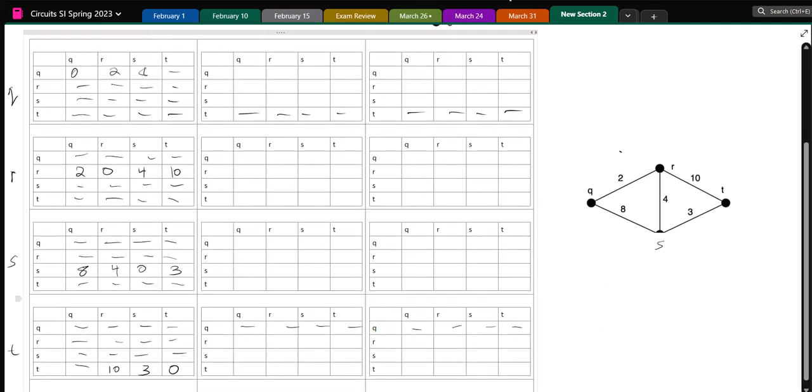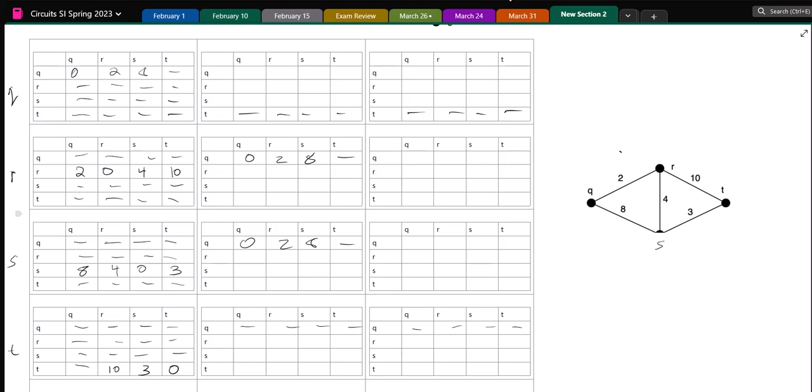Now everybody sends their distance vectors to their adjacent neighbors. Q sends to R and S, so 0, 2, 8, dash. R sends to everybody, skipping itself: 2, 0, 4, 10.